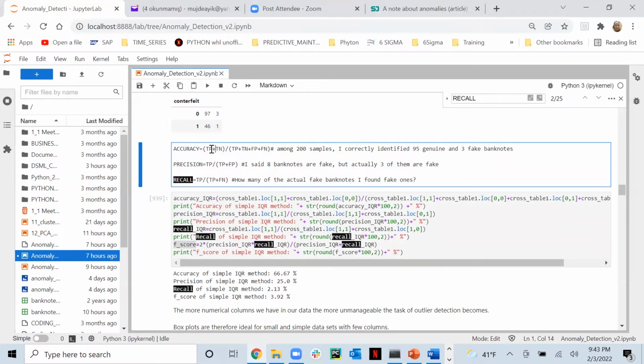Yes, a good model should perform better than the majority case. If in your data set 98% of the data is okay, and you have 2% anomaly, then you can just say all of them are okay and you are 98% right. And you can claim that you have 98% accuracy. You are the king, but it's not the case.